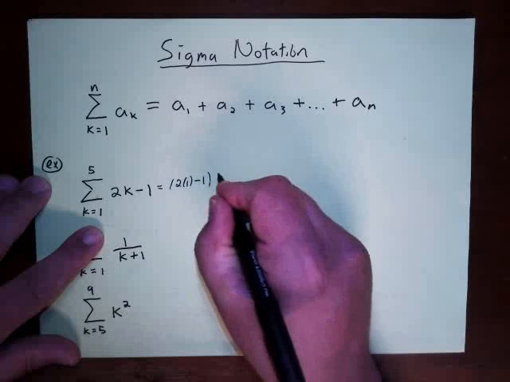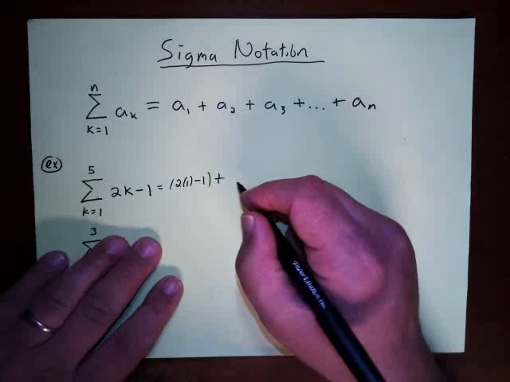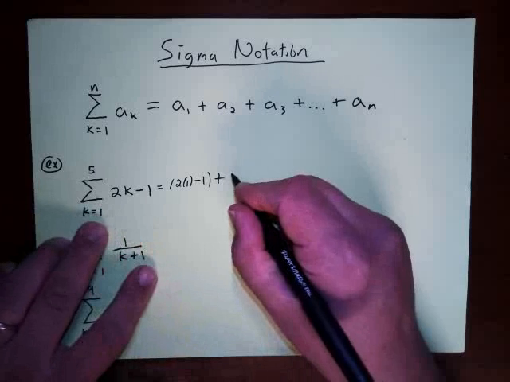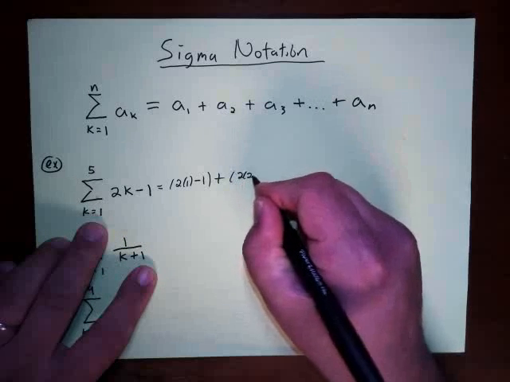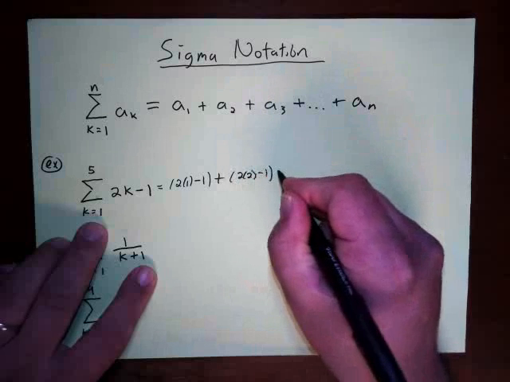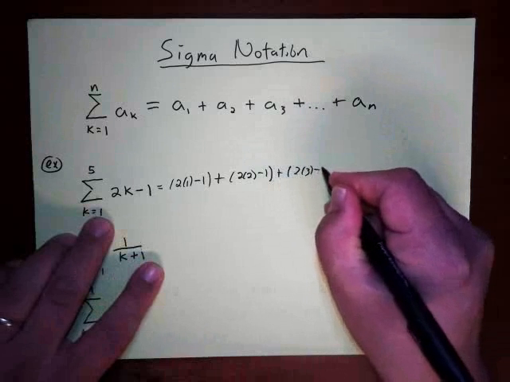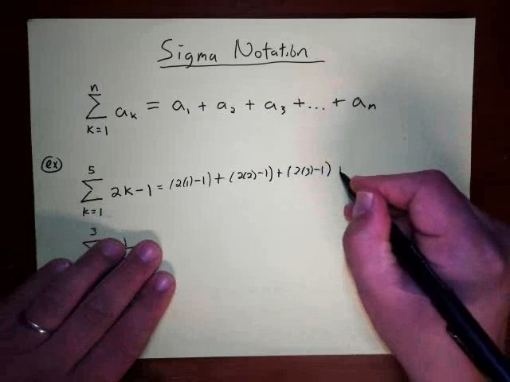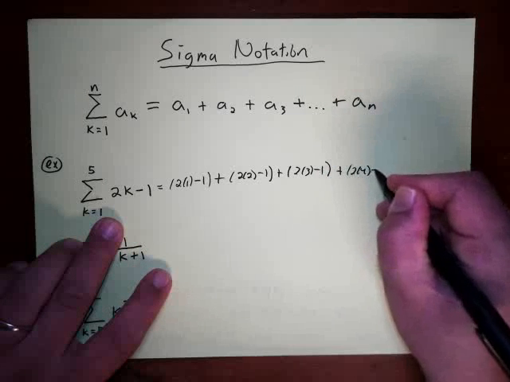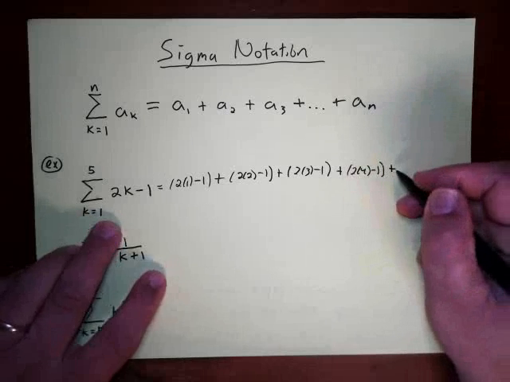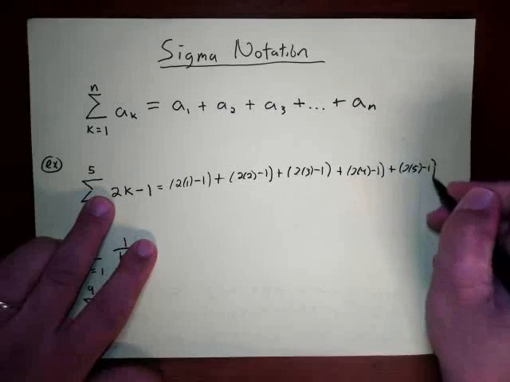Then we're going to add, for k equals 2, 2 times 2 minus 1. Then for k equals 3, 2 times 3 minus 1. k equals 4, 2 times 4 minus 1. And then k equals 5, 2 times 5 minus 1.